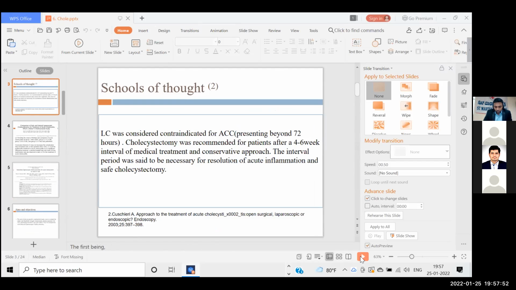When you have a patient of biliary pancreatitis who is conservatively managed, in your experience, do they come with a second attack of severe pancreatitis? Sir, actually, I have excluded the patients who presented with biliary pancreatitis. No, it's a general question.